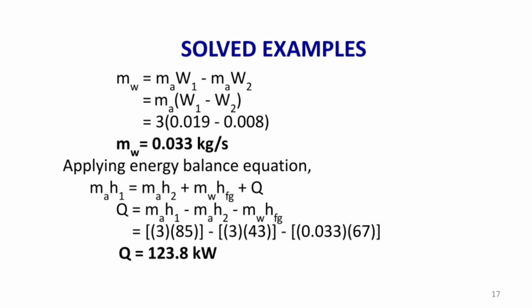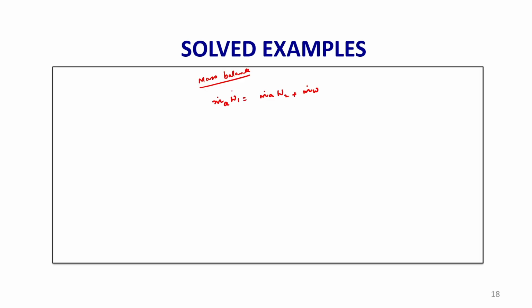The only unknown is m dot W. W1 and W2 are given, m dot A is given as 3 kg per second, W1 is 19 grams, 0.019 kg per kg of dry air, and specific humidity 2 is equal to 8 grams, 0.008 kg per kg of dry air.